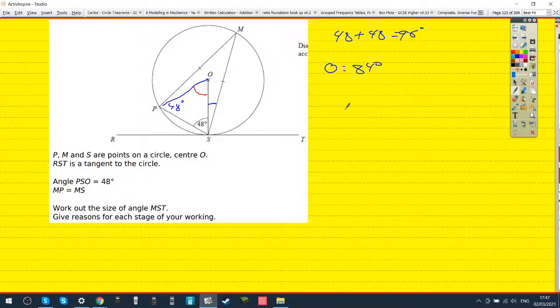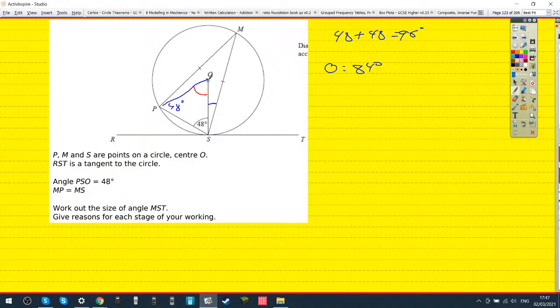And so how can you use that to get something else? So M is at the center.